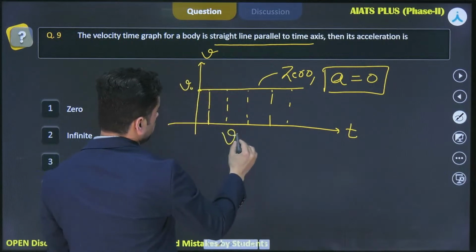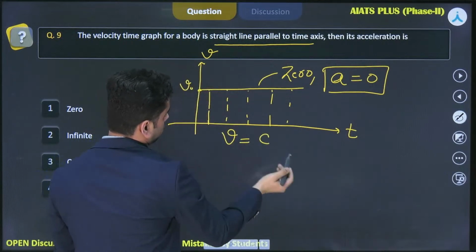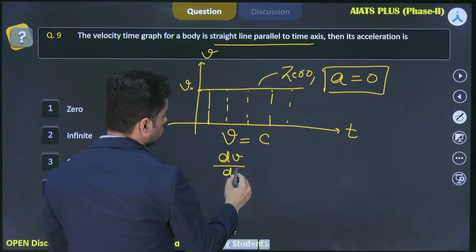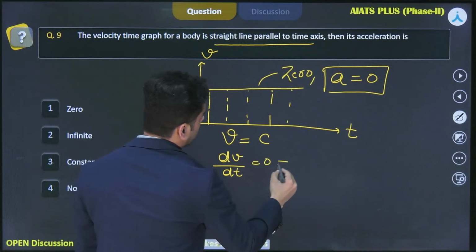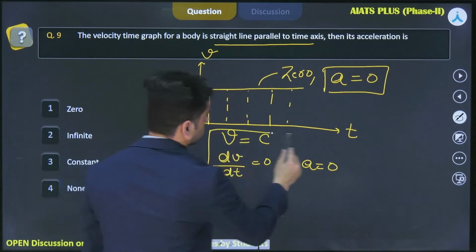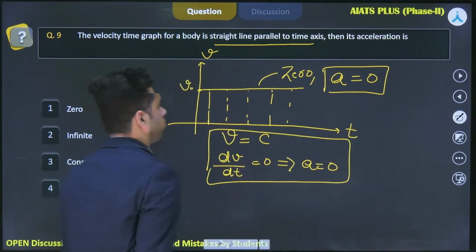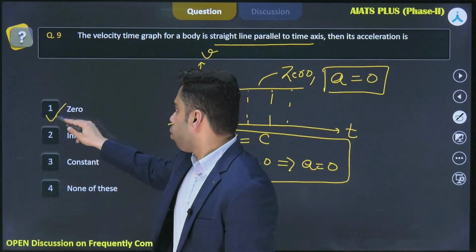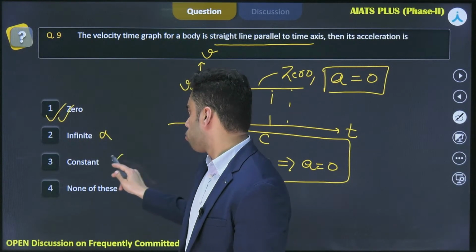V is constant, that means dv by dt should be equal to 0, which means that acceleration should be equal to 0. Right? So the correct answer should be option 1, not 2, not 3, not 4.